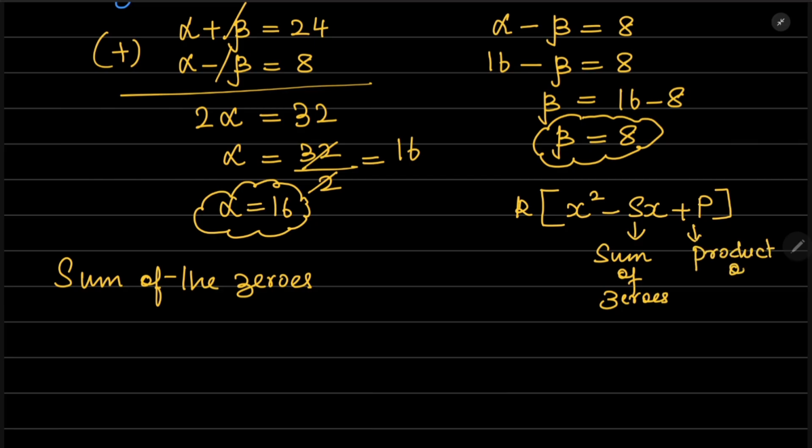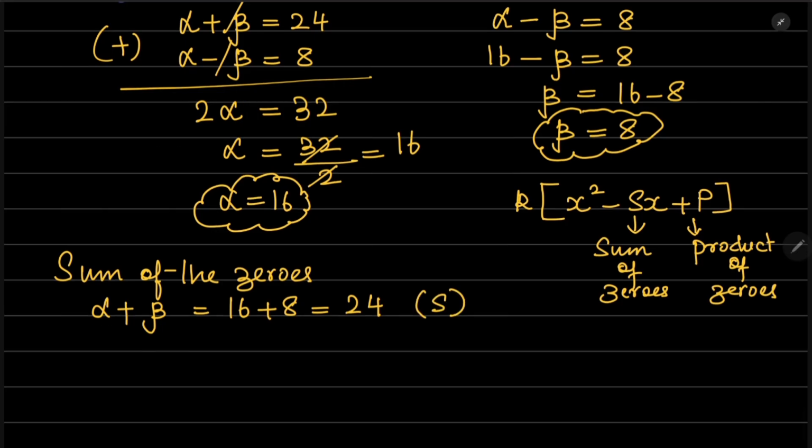So if you know the zeros, you can easily write the quadratic polynomial by calculating first its sum. So alpha plus beta, what is alpha? 16 plus beta is 8. So it is 24. Your 24 is nothing but your sum.